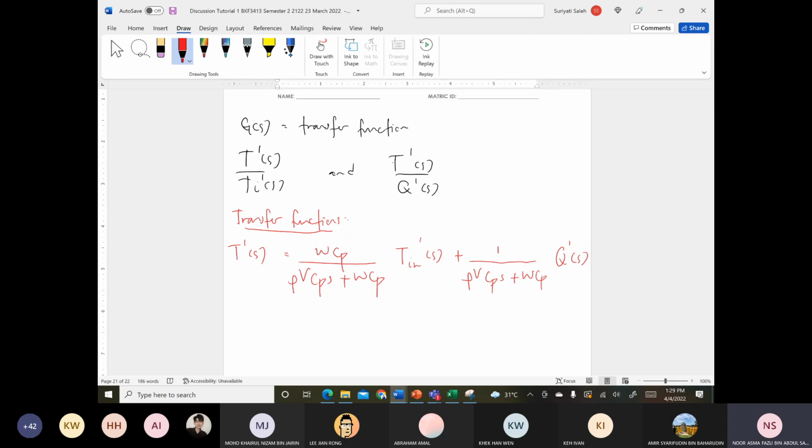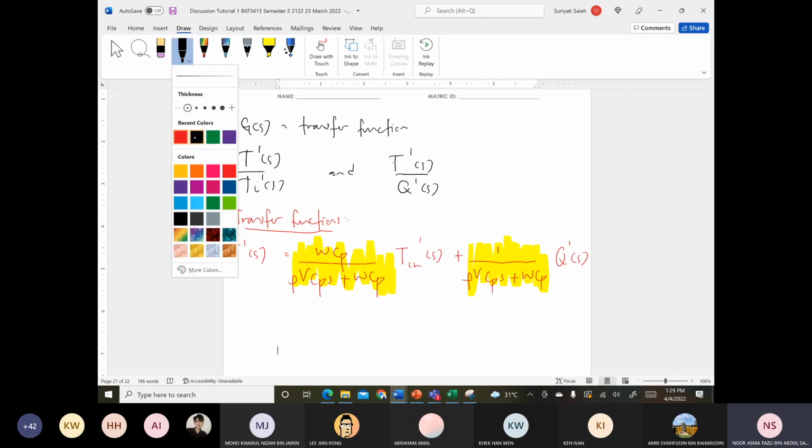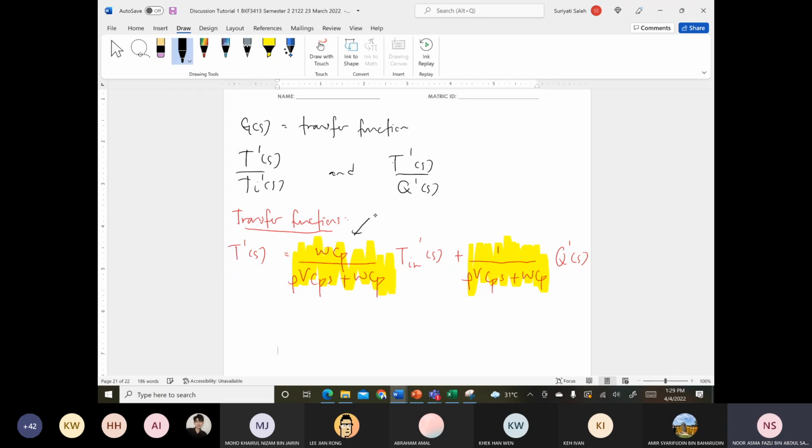So this indicates that we have two transfer functions, where the first one relates T over Ti, and the second one is T over Q. So you have the first transfer function and the second transfer function. So this is the first TF. TF represents the transfer function. Second TF.